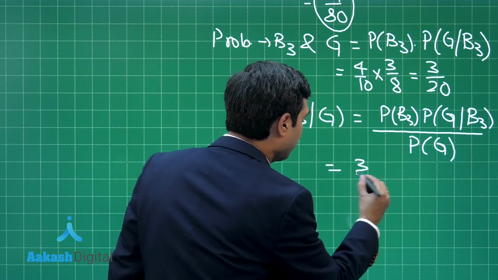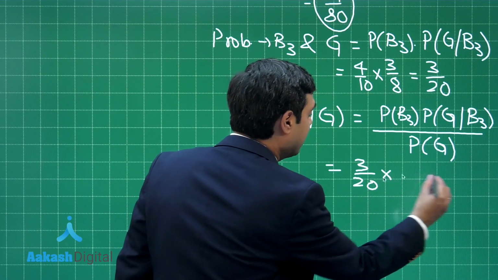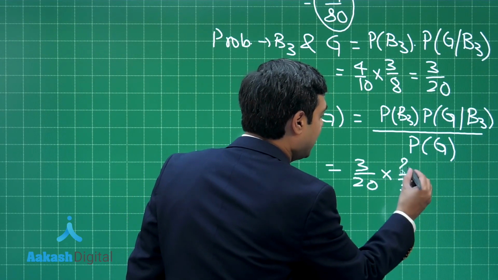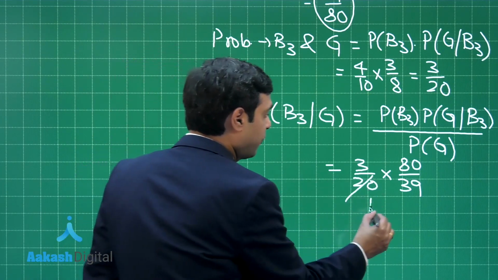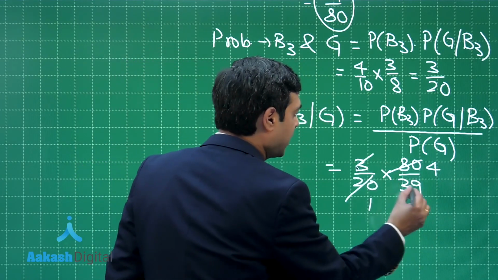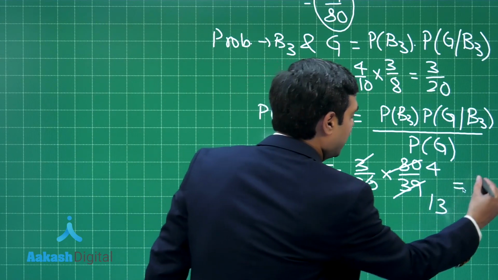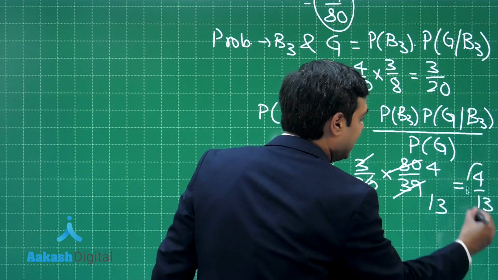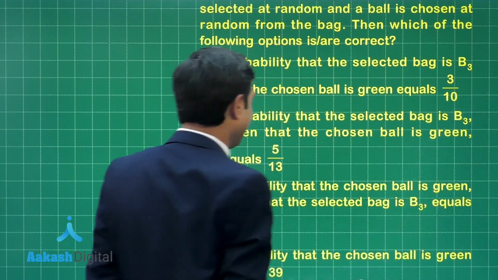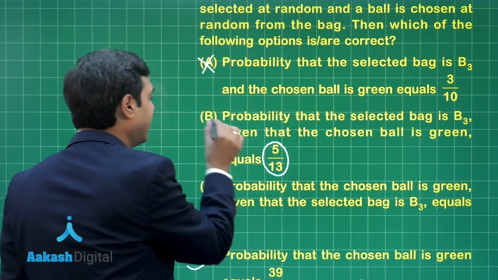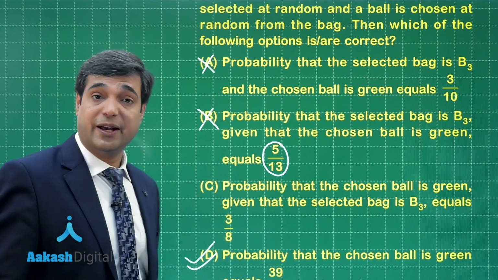Correct? So this will be equal to 3 by 20 divided by 39 by 80, right? So just cancel it, it becomes 1 and 4 and this becomes 1 and 13. So the correct answer is 4 by 13. Let's see if 4 by 13 is given in the options. In option B it was given 5 by 13, so this is also not the correct one.